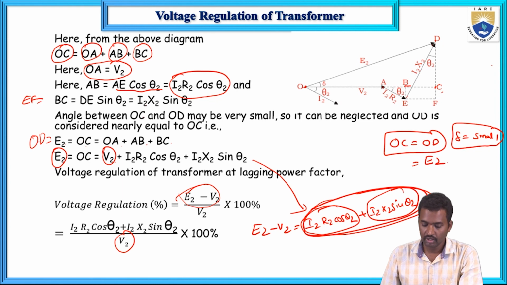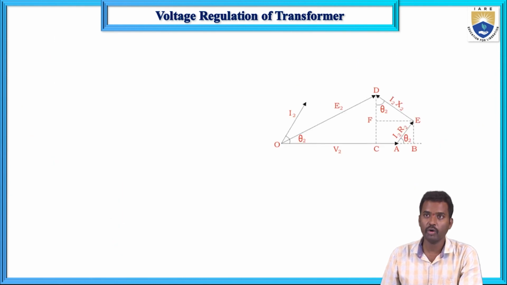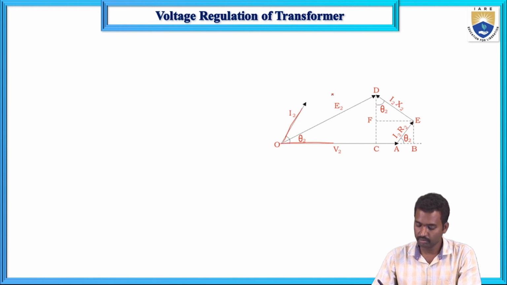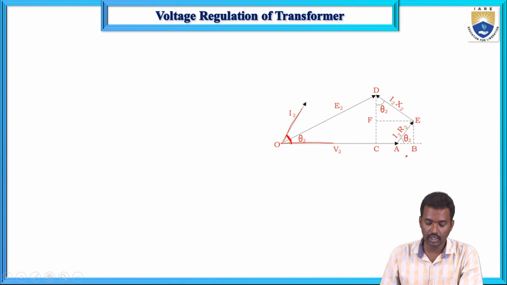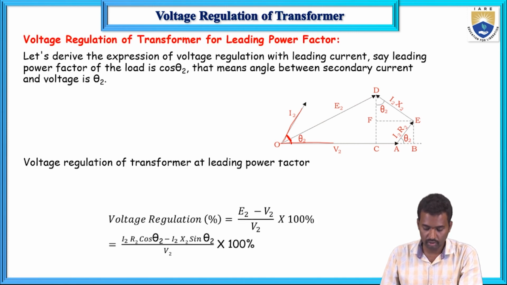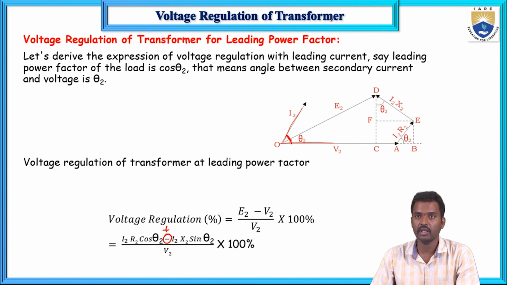Now for the leading power factor case, the current leads the voltage by some angle theta 2. In the previous case, I2 was lagging by theta 2. Here the leading power factor diagram looks like this. For the final conclusion, for the lagging case it is plus, and for the leading case it is minus.